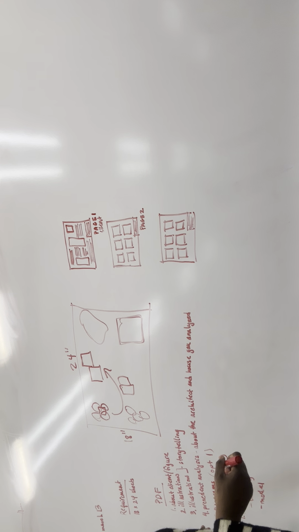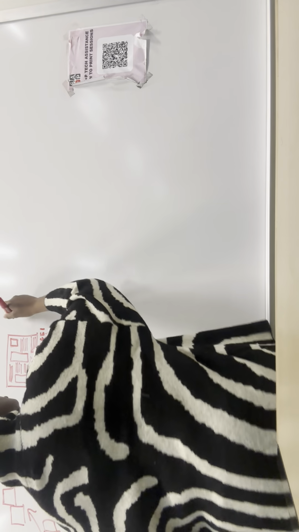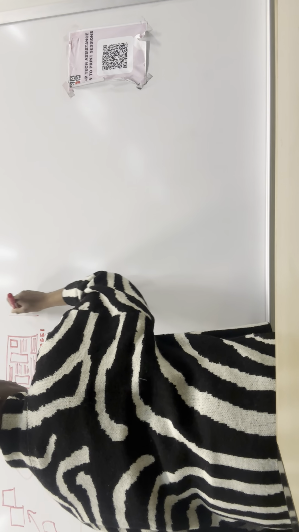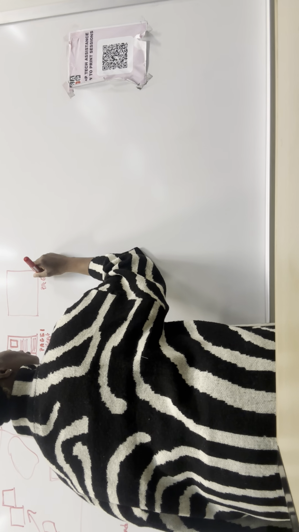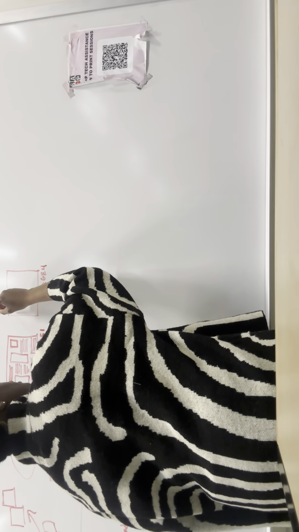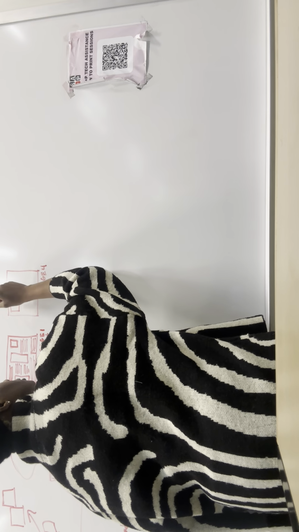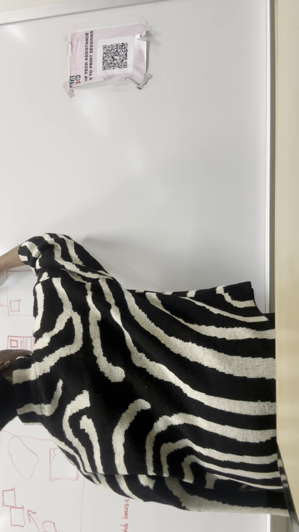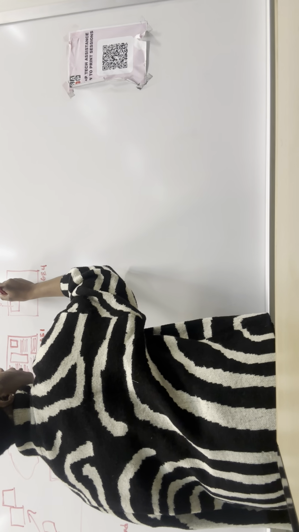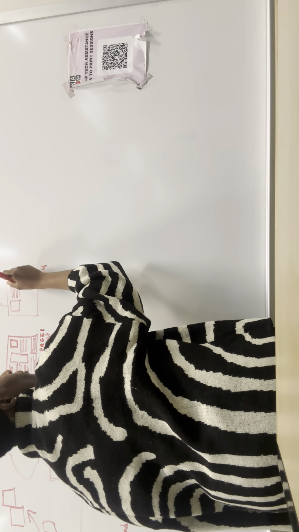Then now page four, your precedent analysis. Same thing. So your precedent analysis should look something like this: you put a picture of your architect, then maybe the title or a little bit of information about the house.